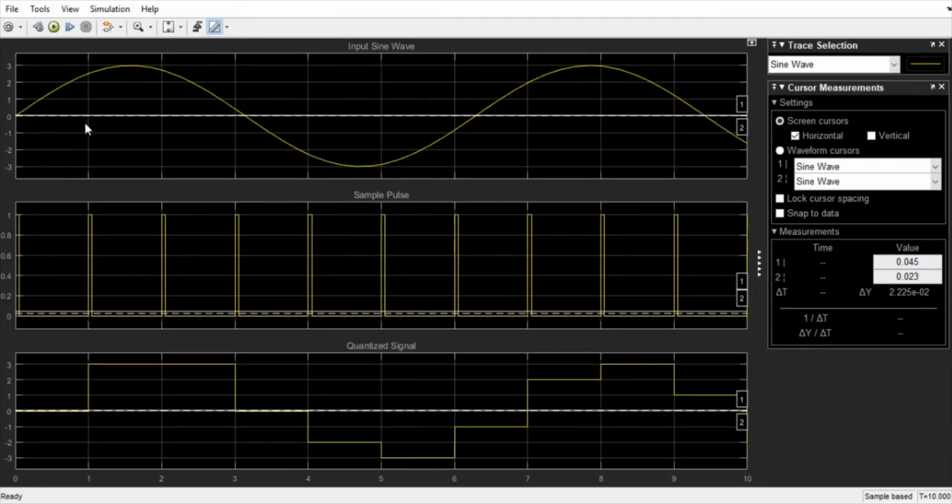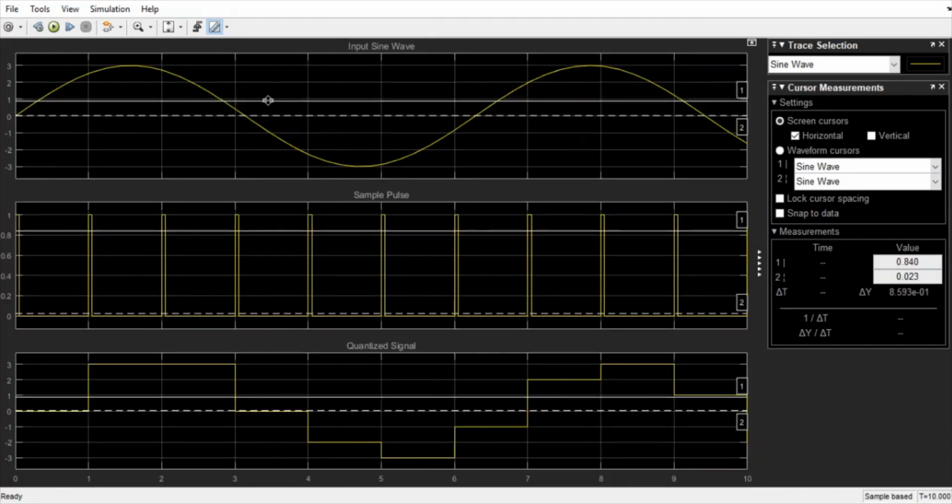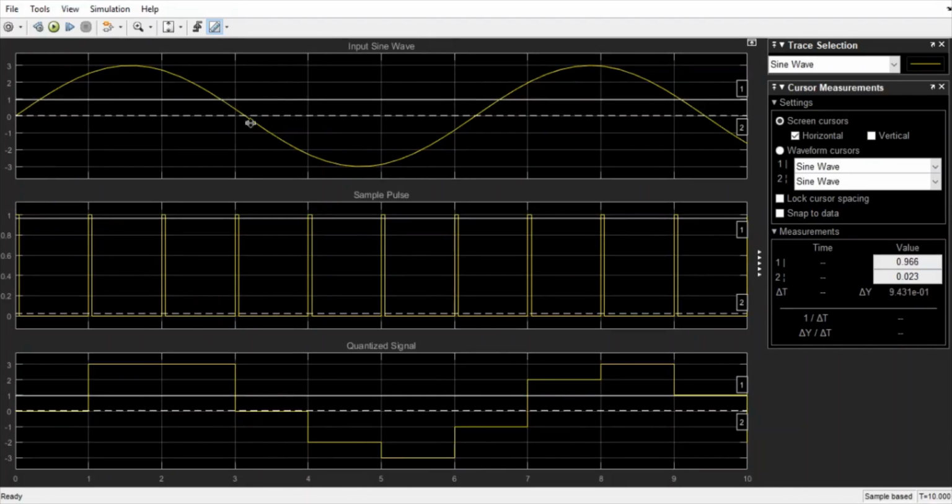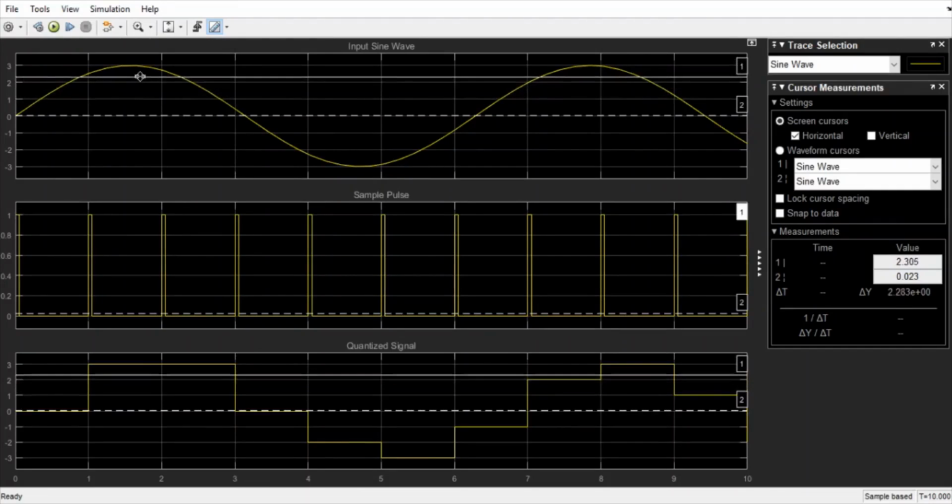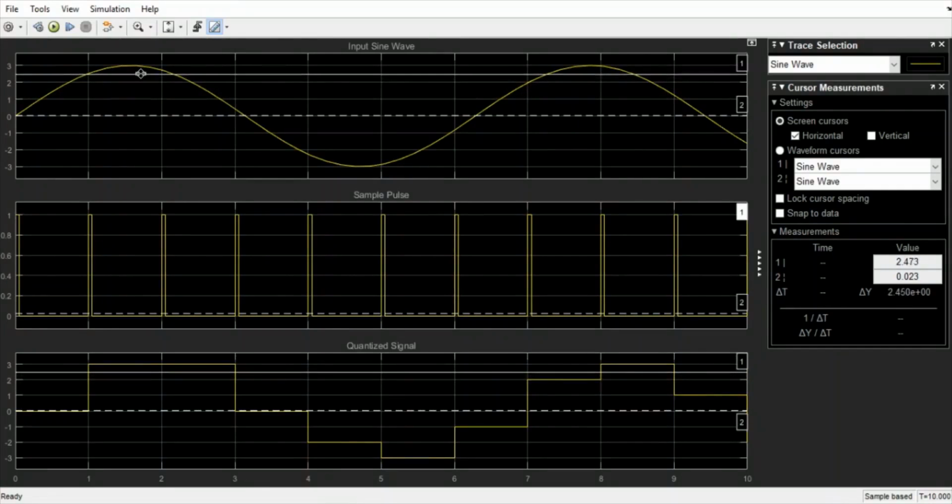Now we go to the second pulse. Take the first cursor first. This is the second pulse. You just move the first cursor to where the second pulse occurs, and this is where you get the value for the input sine wave.